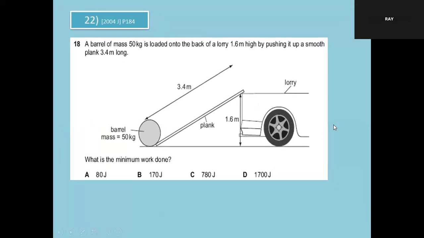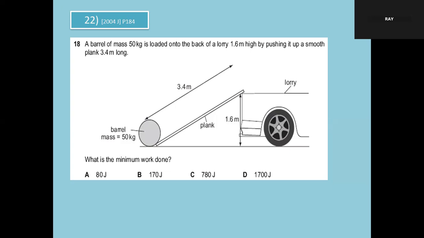This one? Right? The plank is smooth. Smooth means there's no friction.